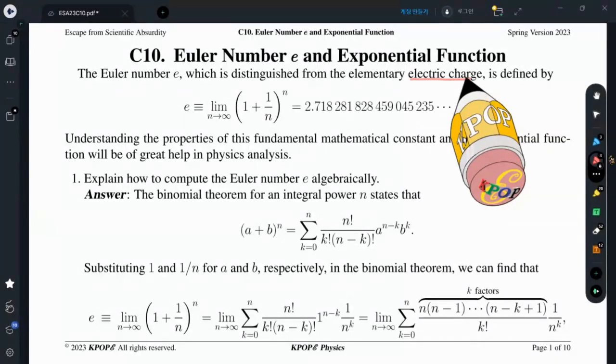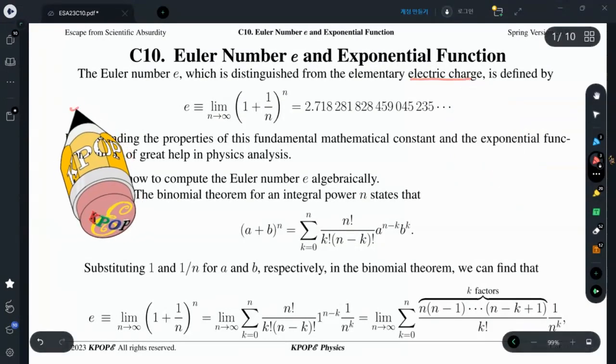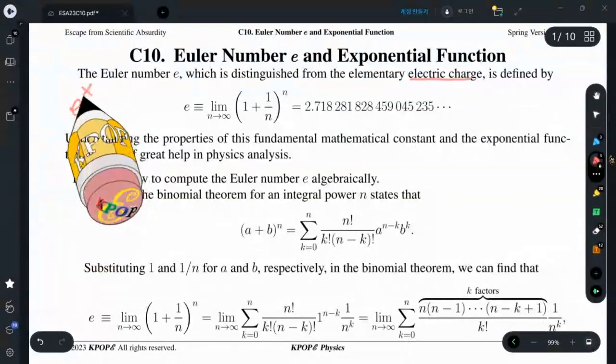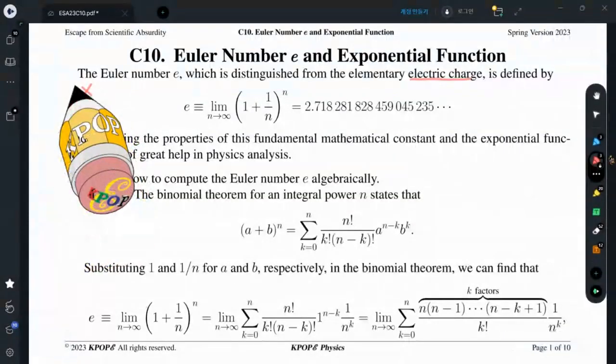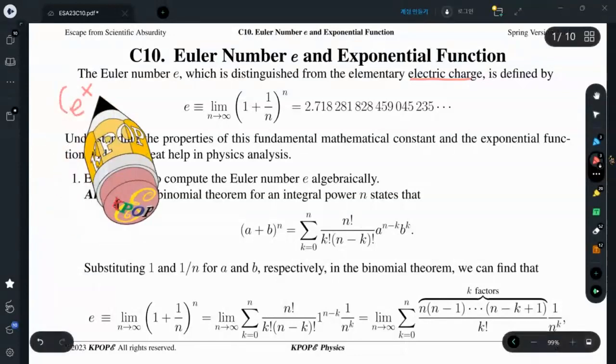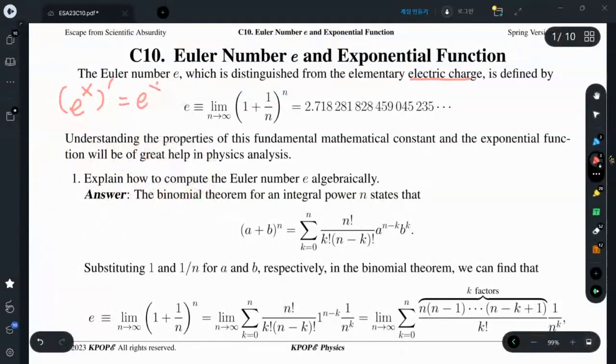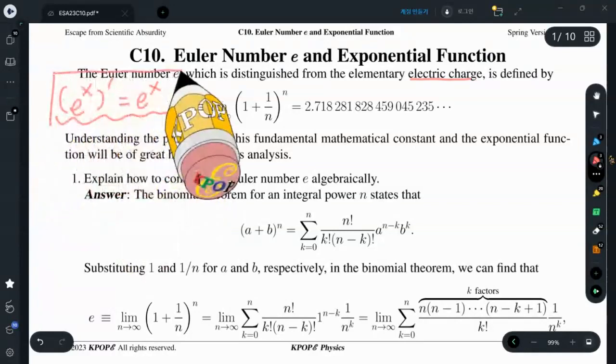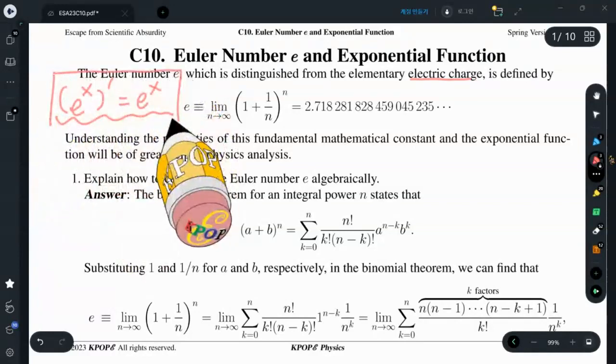E is a very special number whose exponential is a number, and it's the powers of x, the exponential function. Its derivative is itself. It came from the computation of interest rate.